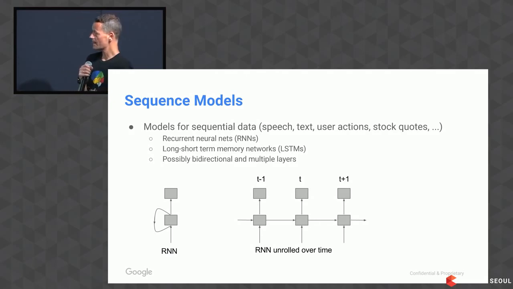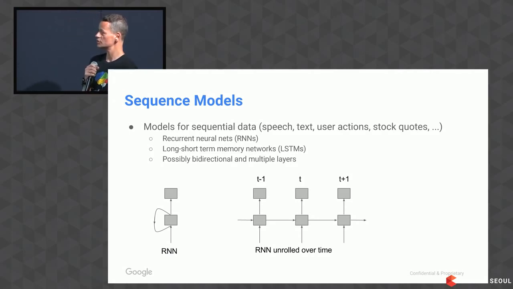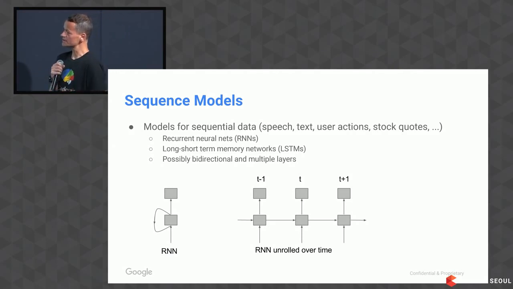For those, there are two very important models, which are called recurrent neural nets, RNNs. And recently, more complicated recurrent neural nets have been used a lot. They're called long short-term memory neural networks. Those are possibly also bidirectional and have multiple layers. But here's just a very simple architecture. On the left, we see the folded architecture.